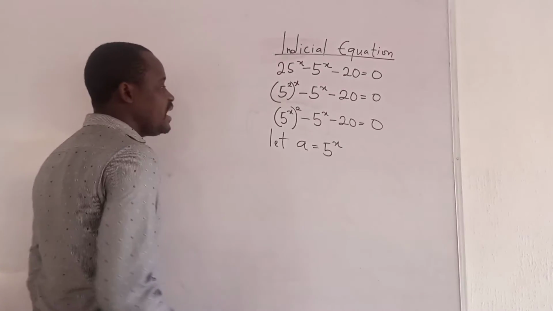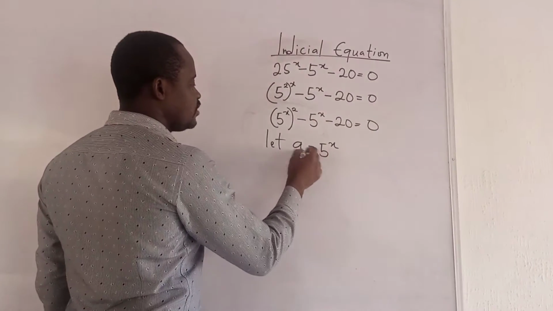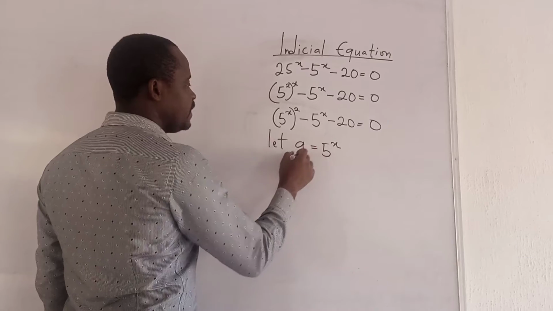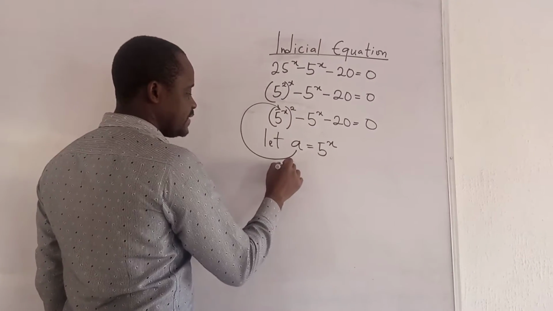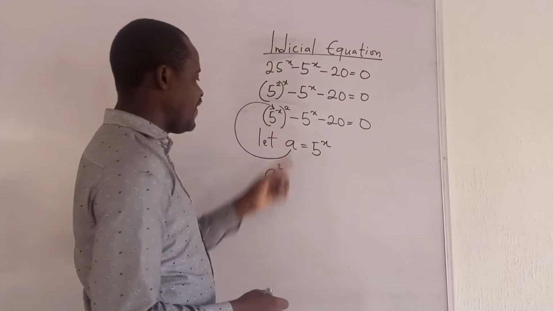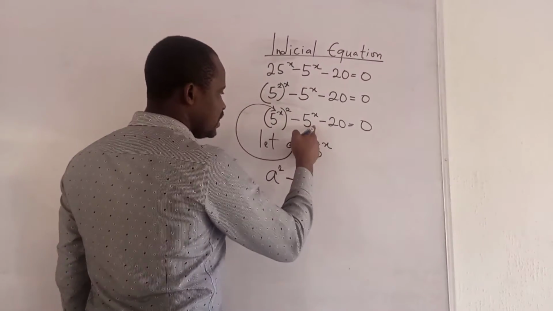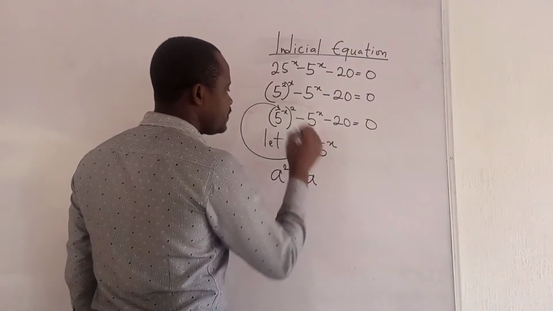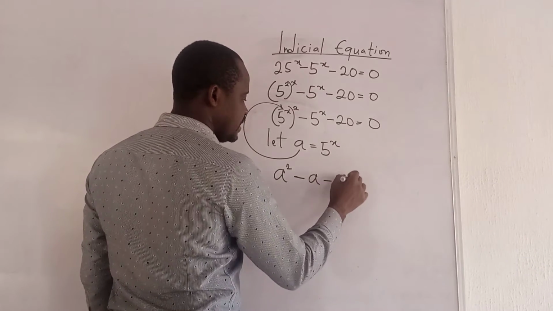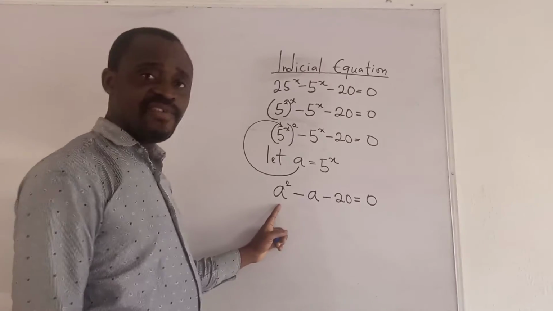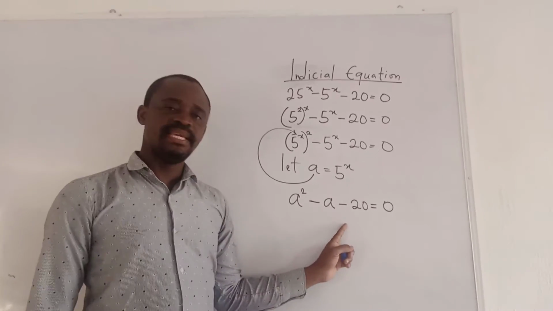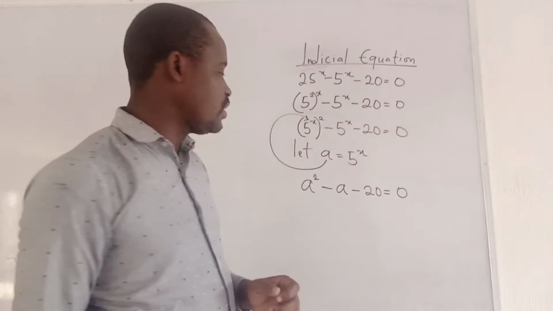So once I have A as 5^x, if I substitute this A into this place, it will be what? A raised to 2, because A is now replacing 5^x, minus, this will also be A, minus 20 equals 0. Now I have A squared minus A minus 20 equals 0.